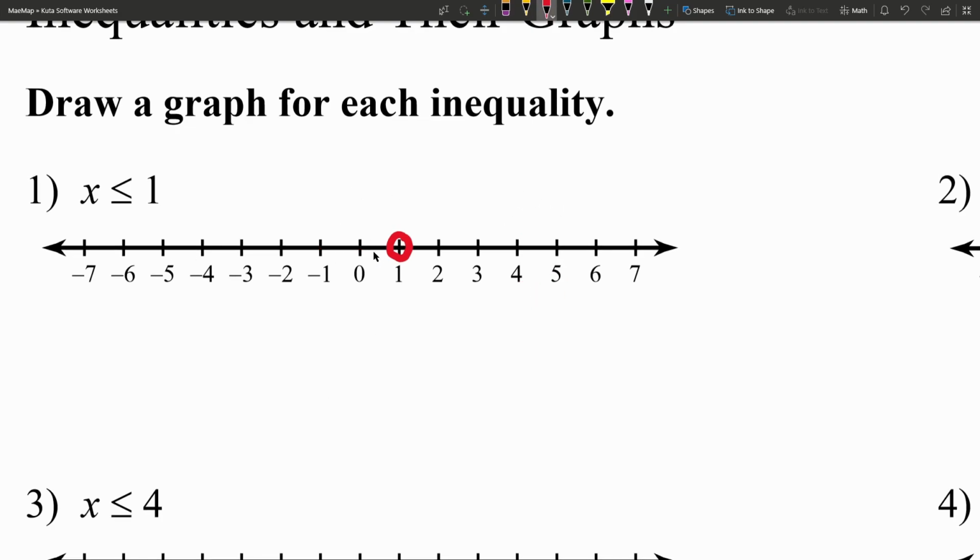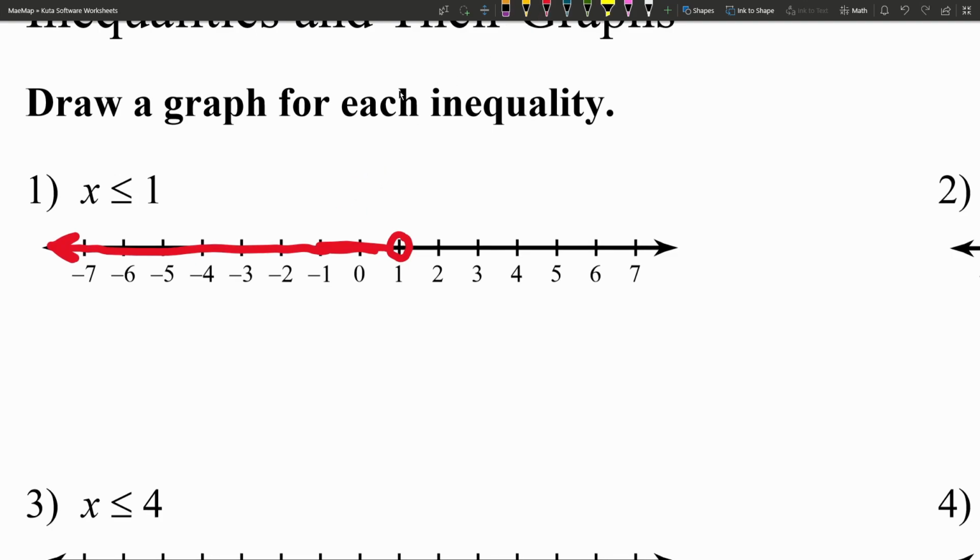When I say shading, we're just going to draw over top of this number line as best we can, showing that x can be all these values that are in red, and we're going to put an arrow showing that it continues on. Now this would be fine, and we would be done, if this was just x is less than 1. But x could also potentially be 1 because we have that less than or equal to sign.